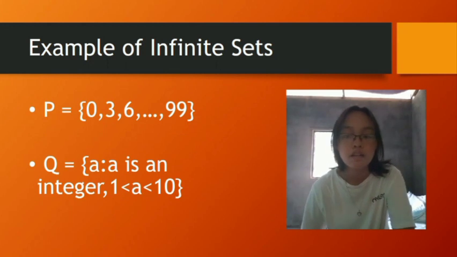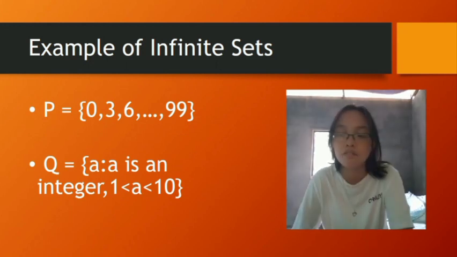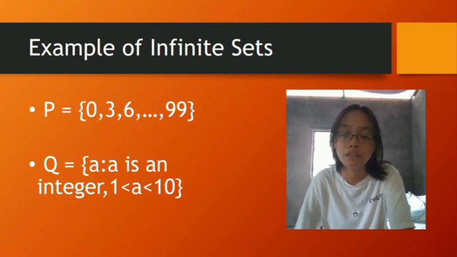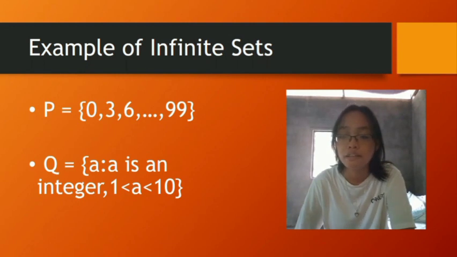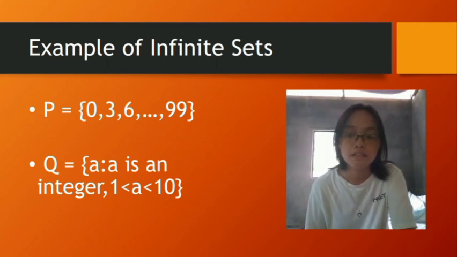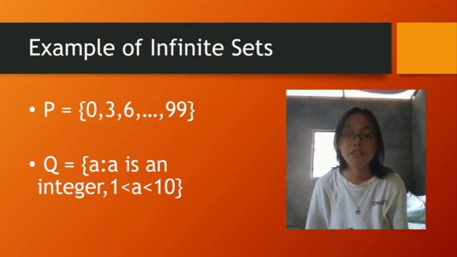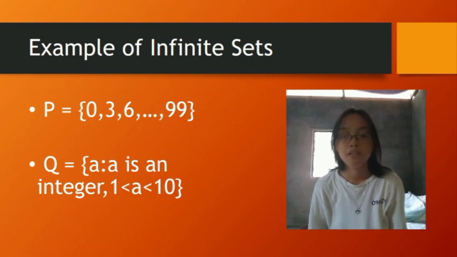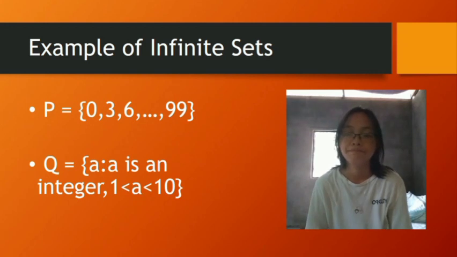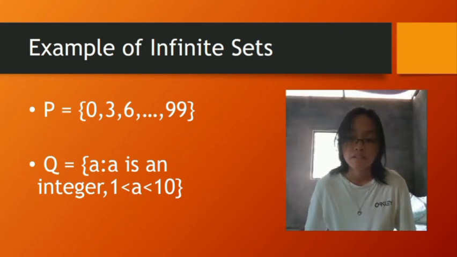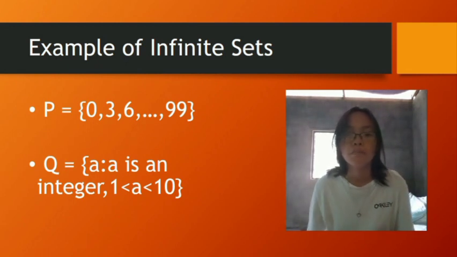The first one is the set P, which has elements 0, 3, 6, and so on and so forth, up to 99. So we can tell that P is an infinite set because the elements run from 0 to 99 and it is countable. The second example is the set Q, where A is an integer but A is greater than 1 and less than 10.